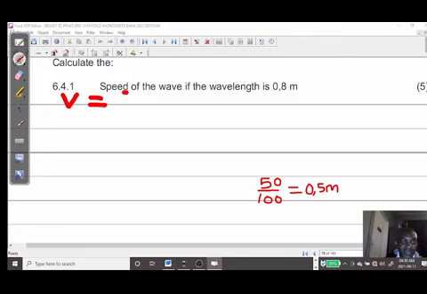To get the speed v, I multiply the frequency f by the wavelength, lambda.